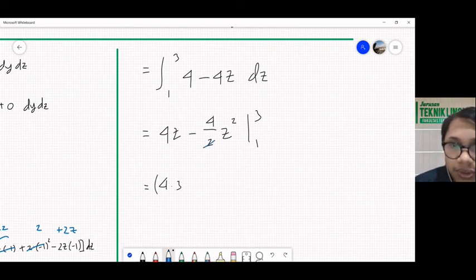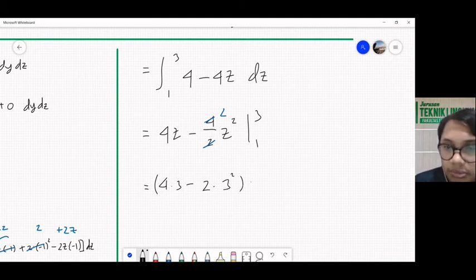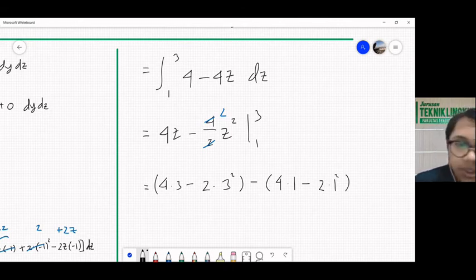Okay, this one is 2, then 2 times 3 square, minus 4 times 1 minus 2 times 1 square.